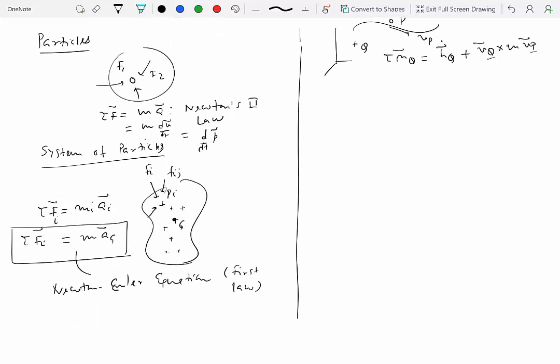And for a system of particles, we obtained a similar relationship.